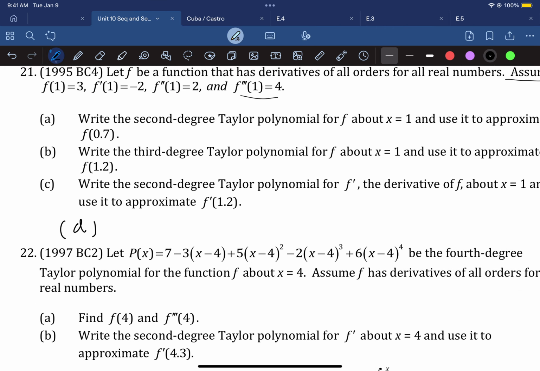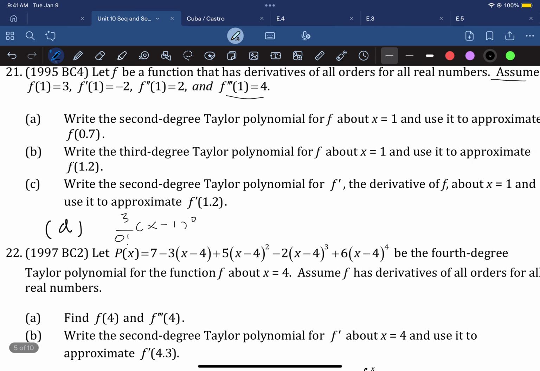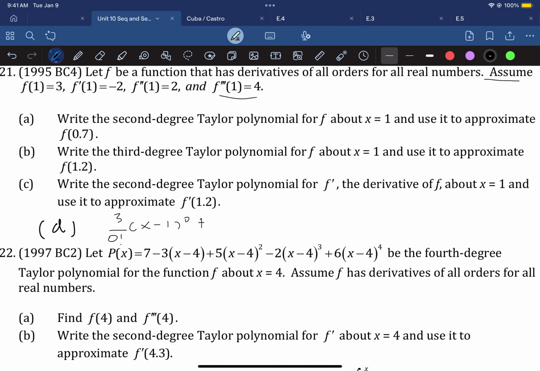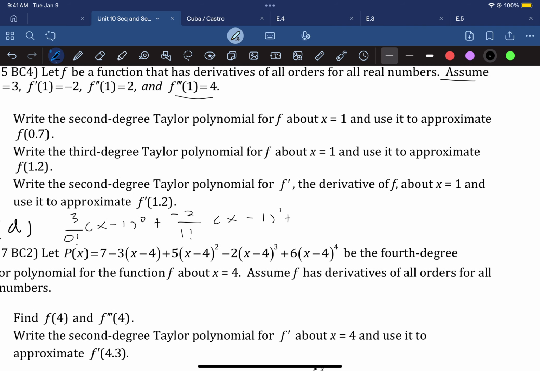Okay. So first off, we need to do the first term. So we have 3 over 0 factorial times x minus 1 to the 0, plus negative 2 over 1 factorial times x minus 1 to the power of 1, plus 2 over 2 factorial times x minus 1 to the power of 2.